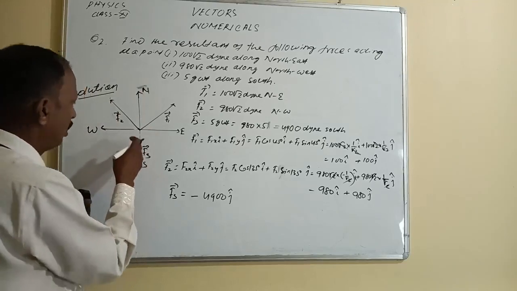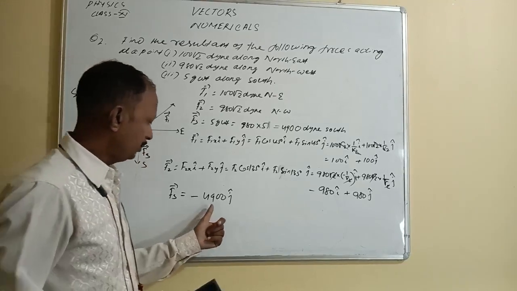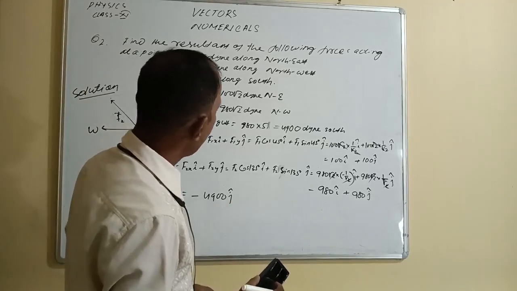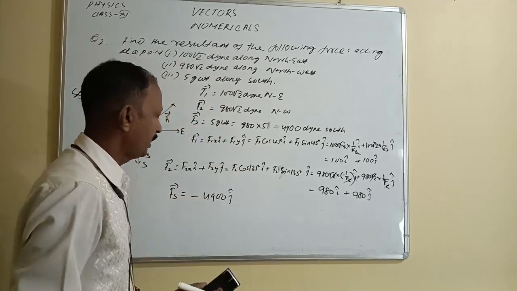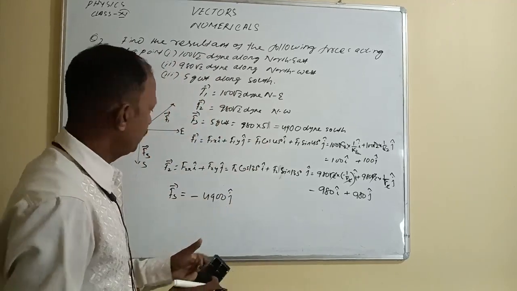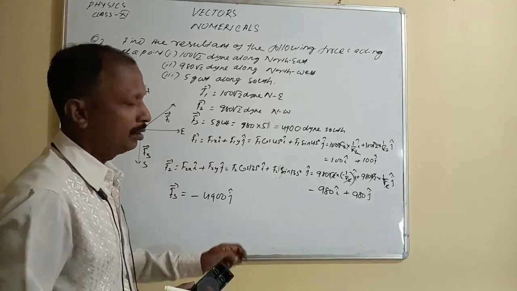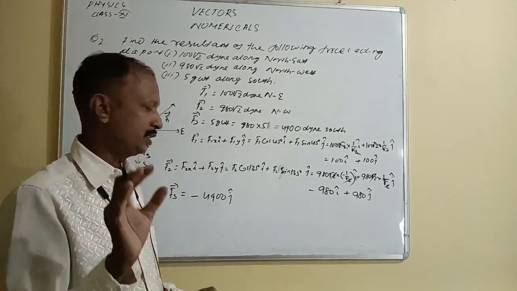This is down; upside I have taken positive, so downside this is negative. It is along the y-axis. Clear? So now we just add F1, F2 and F3 and we will get the result.